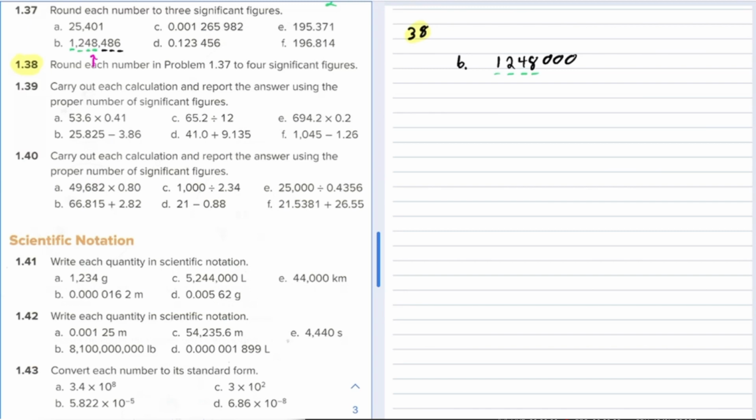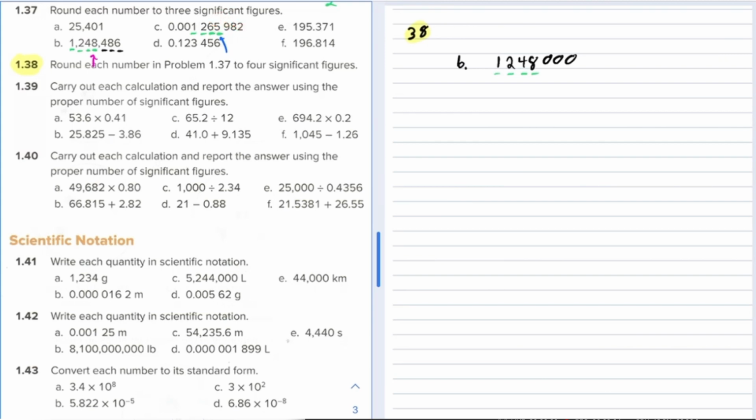You never count the zeros at the beginning. So here's the first one: 1, 2, 3, 4, and that's where we're going to round C. This time, it's going to round up because the next digit is 5 or greater. If the next number is 4 or less, you chop it off.